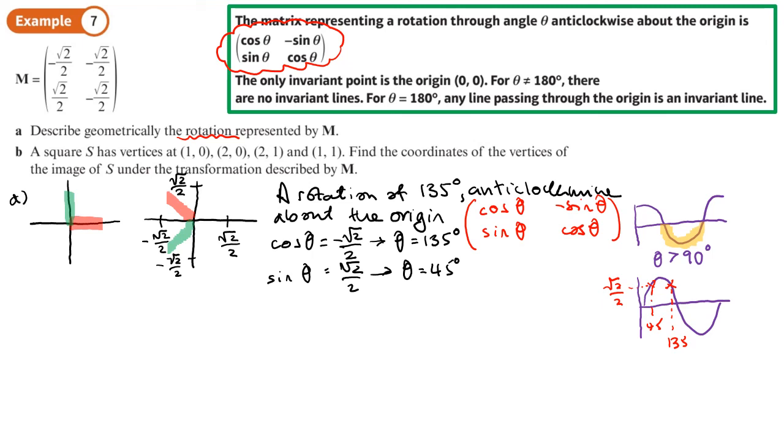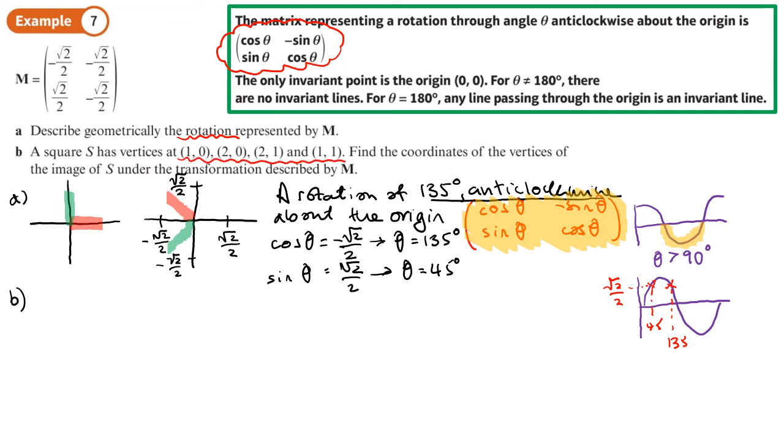Okay, and it will be an anti-clockwise rotation, so we get the same result, that it's a 135 degree anti-clockwise rotation. So you can use this matrix here to help you decide on what type of rotation it is, and it will always be anti-clockwise.